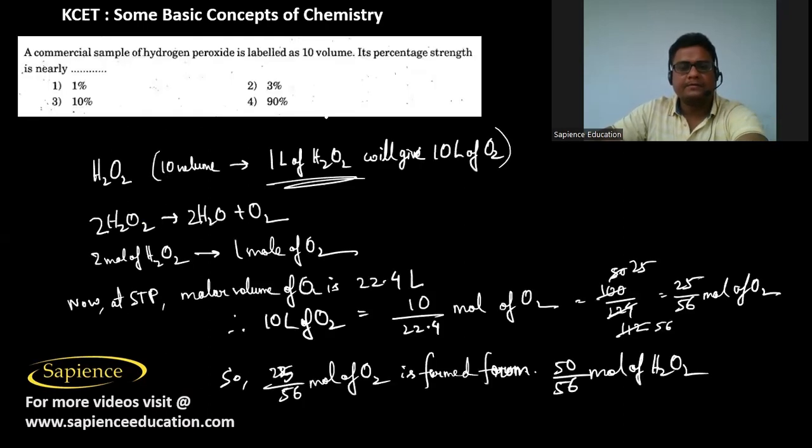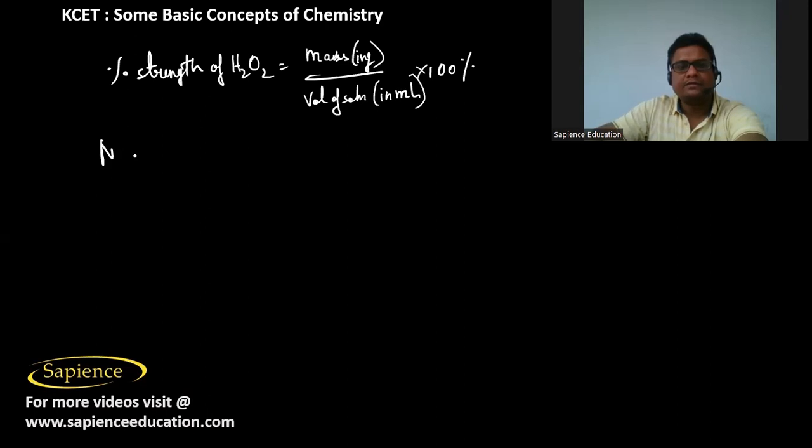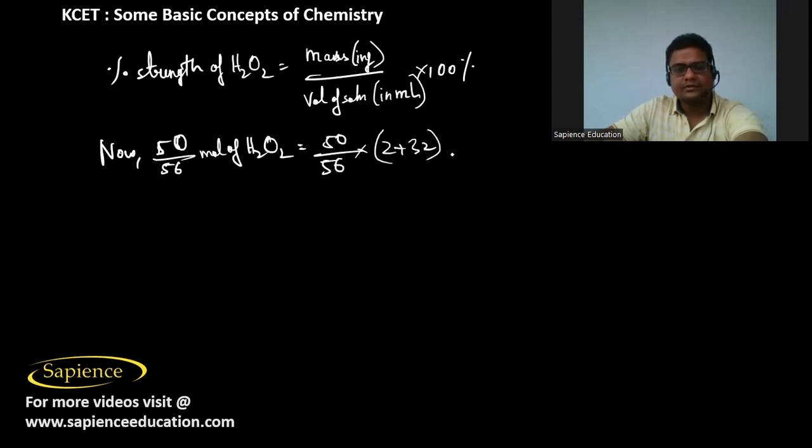Now therefore, 50 by 56 mole of H2O2. It means here we have 50 by 56 into the molar mass of H2O2, that is 2 plus 32, which is 34 gram. So that will be equal to 50 by 56 into 34 gram.